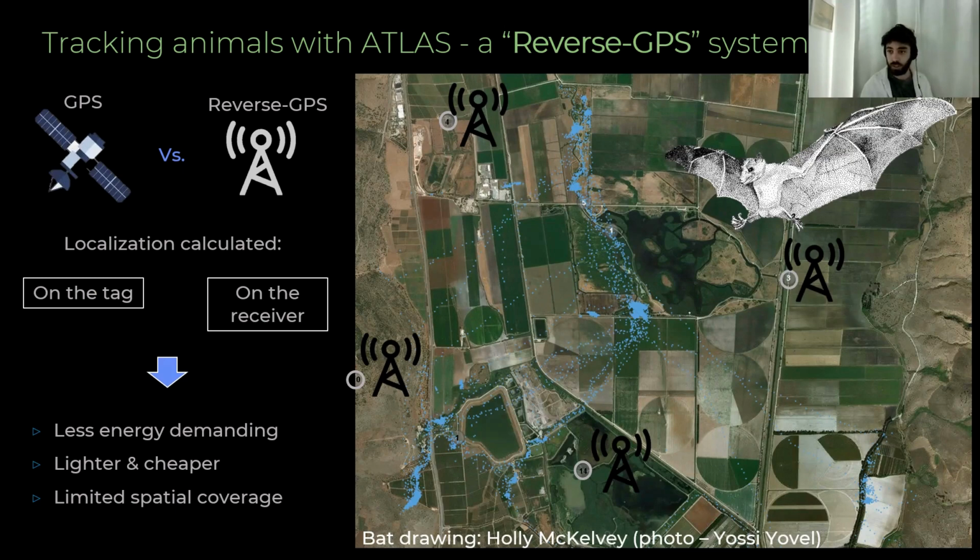But of course, because it's based on antennas that your lab decides to erect and to buy, it's limited in its spatial coverage. So it's not very good for studying full migration tracks, but excellent for our species, Rousettus aegyptiacus, which spends most of its time in a limited home range.